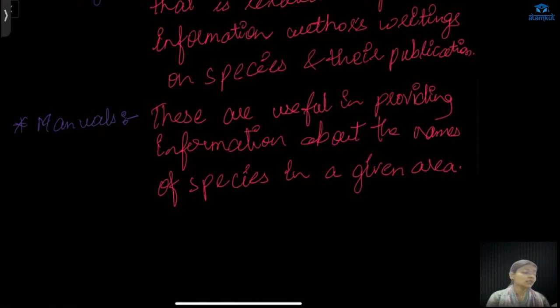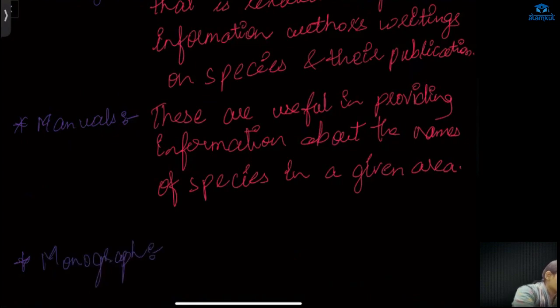Okay, then the last we will cover is monographs. Now monograph is very simple. There are different taxons and different kingdoms and different family classes and everything, so a monograph gives us information about any one taxon.